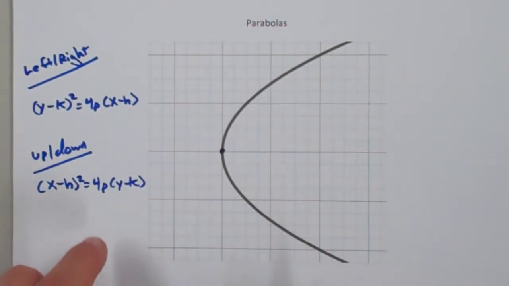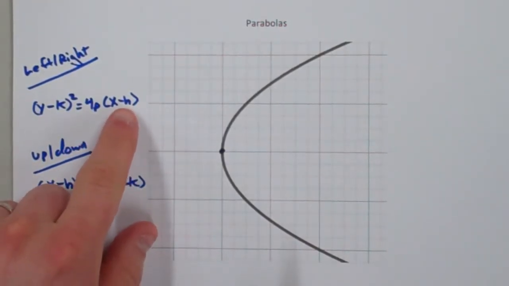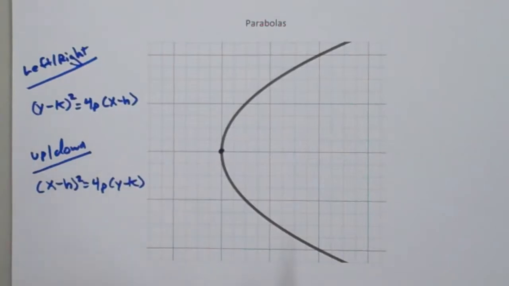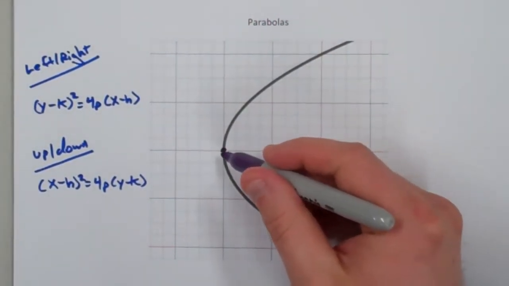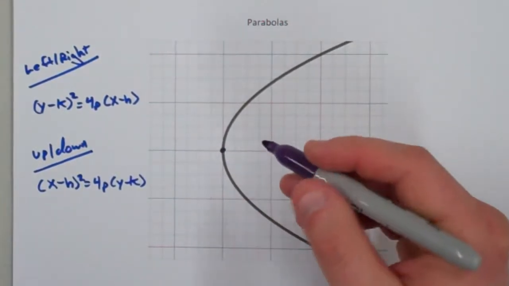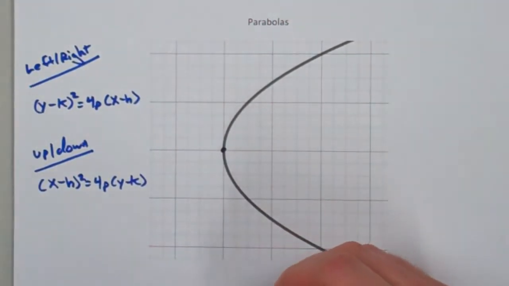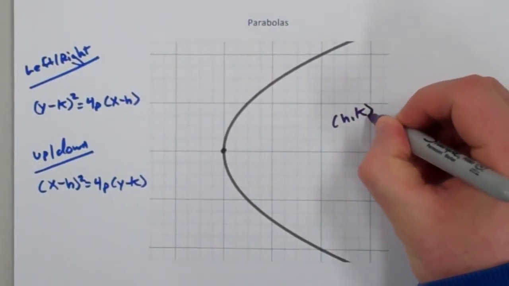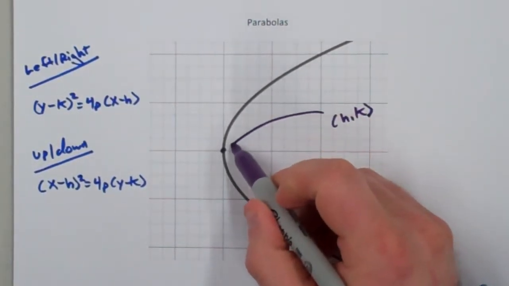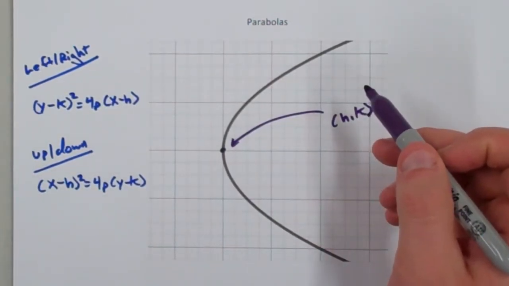As a matter of fact, in the equations on the left, we've got h and k, and that's the center for the other three, but it's going to be this vertex right here. Maybe I should write that somewhere. Let's write that on the right hand side. (h, k) will be this center part right there.